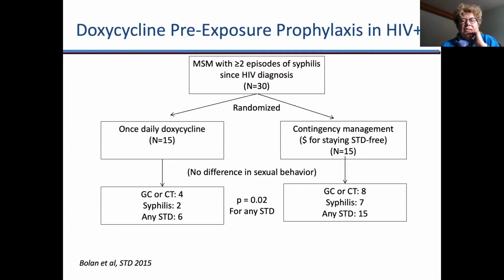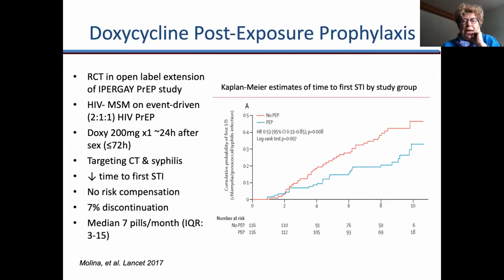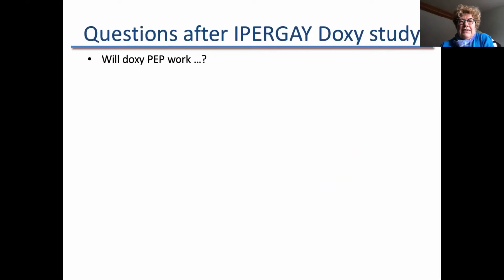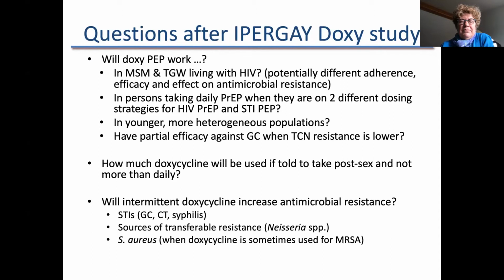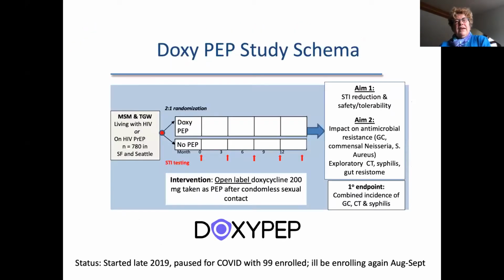And I think there's also concerns about that amount of antibiotic exposure, and maybe post-exposure prophylaxis would be better with less antimicrobial selection and pressure on other organisms, which was the study I presented earlier in EPERGATE, and is going to be, as I mentioned, studied now in both HIV negative and HIV positive persons in San Francisco and Seattle.